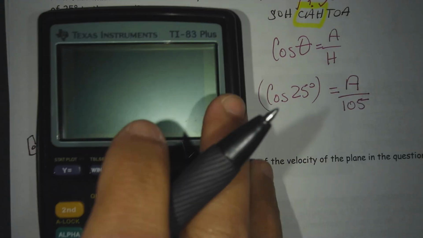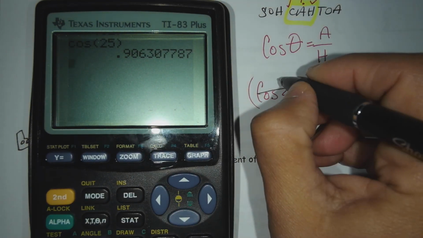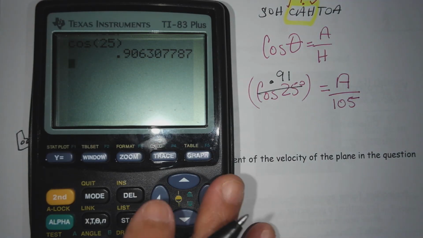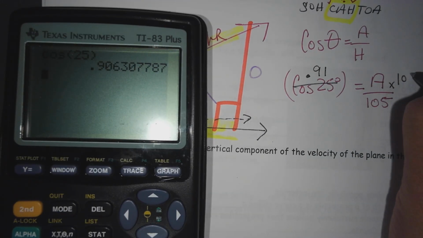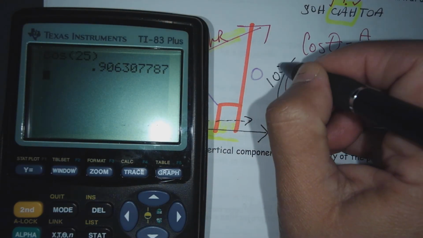The cosine of 25, you do it, I'll do it, because I'm going to do this step by step. It's 0.9, round up to 1. Multiply this side by 105, cancel. Multiply this side by 105.